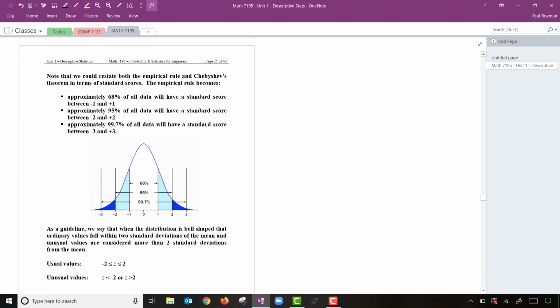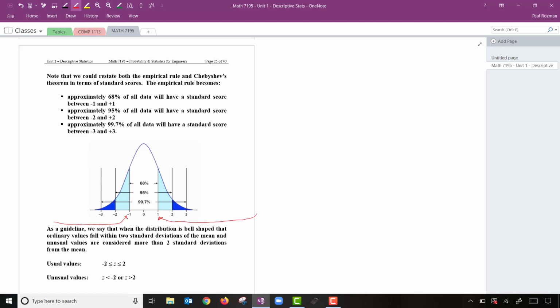We could restate the empirical rule and Chebyshev's theorem using z-scores. I drew the same picture that we had for the empirical rule, and this value here indicates that I'm one standard deviation above my mean, and this value here is one standard deviation below the mean. We learned that with a bell curve, 68% of our values lie within that range.